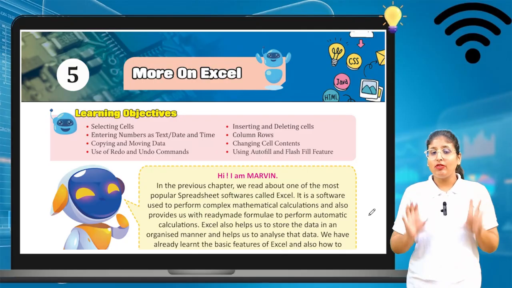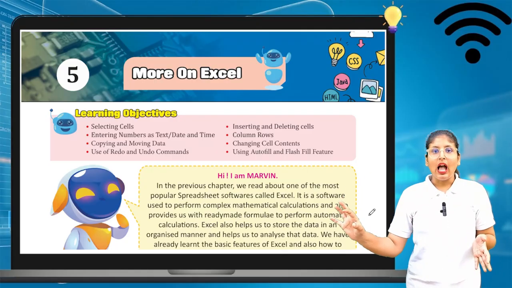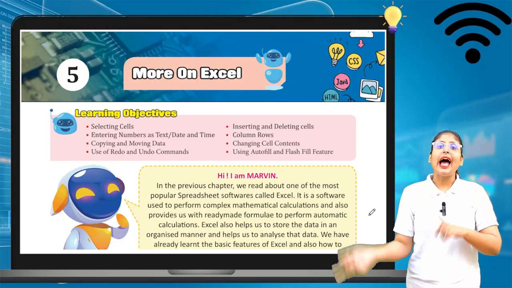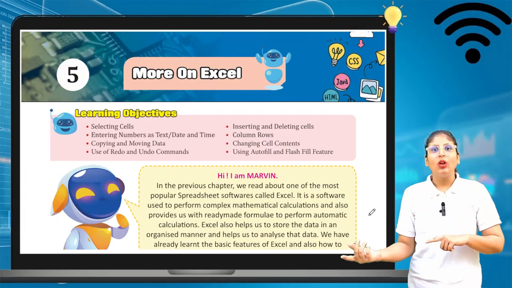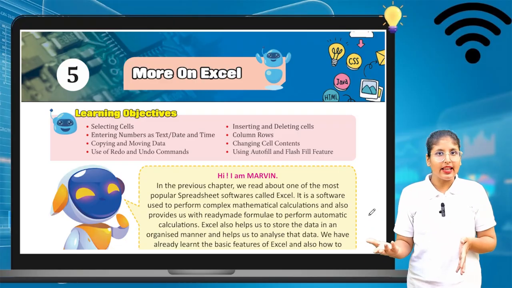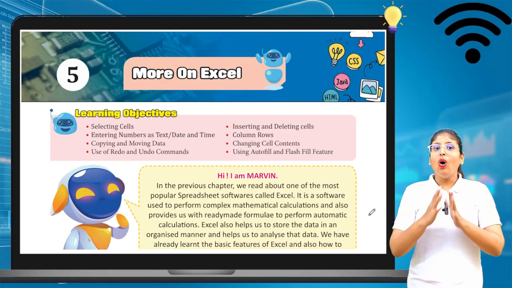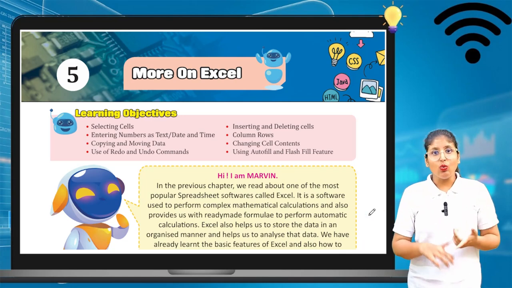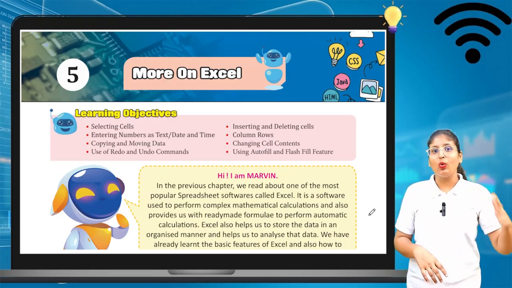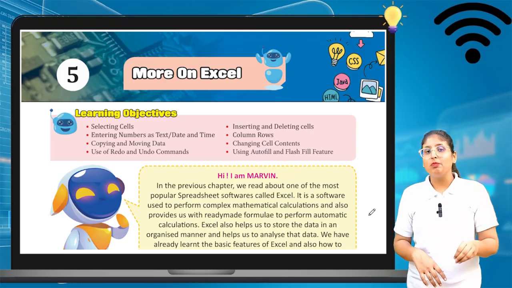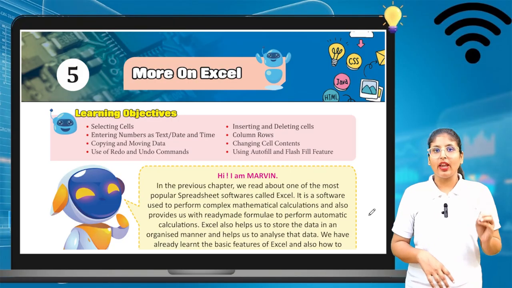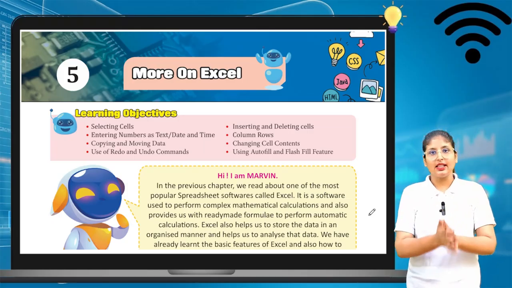So in this chapter, we will see how we can select a cell, how we can add a cell, add a row, delete a row, how we can add a column, delete a column, how we save our documents, what are the formulas in an Excel sheet, what is the redo or undo option in Excel sheets, what is the role of redo and undo, how we enter numbers, how we add formulas in your sheet. All these things we are covering in this chapter.